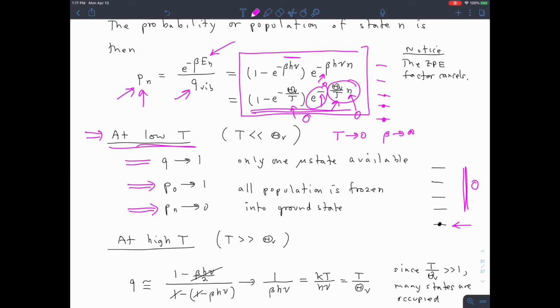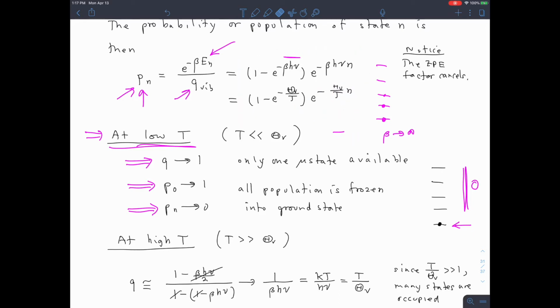Also note that if we look up here a little bit, as T goes to 0, this is Q bar actually, or rather 1 over Q bar, goes to 1.